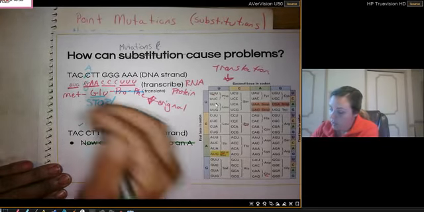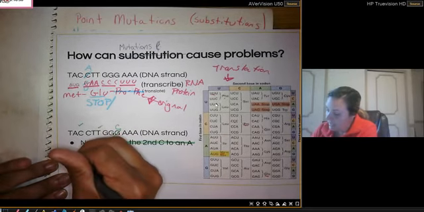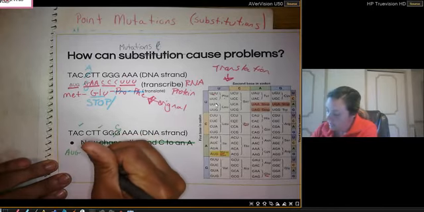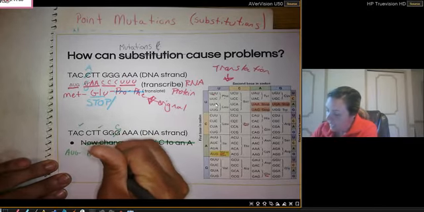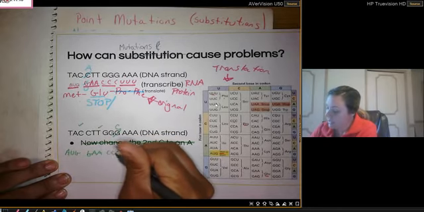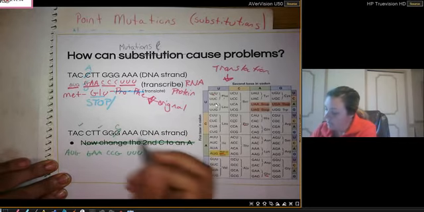So let's translate. TAC is into AUG. CTT is GAA. GGC should be CCG. And AAA is still UUU. Okay? So this is the same.